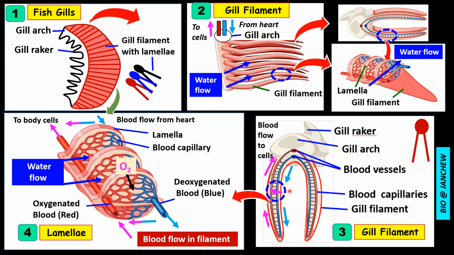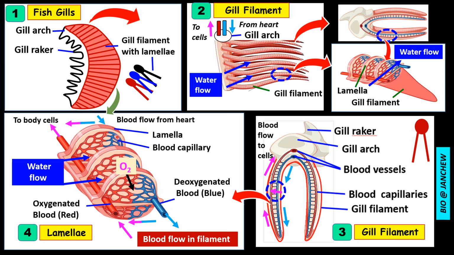All right, now let's look at one enlarged part of this gill filament. Then we can see that the gill filament has a lot of lamella sticking out at right angles from it. In each lamella, there is a network of blood capillaries. At first, you see the blood is flowing through here, and it is deoxygenated blood, as denoted by the blue color.